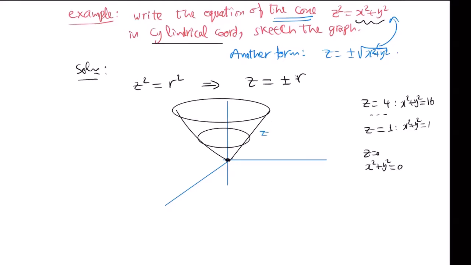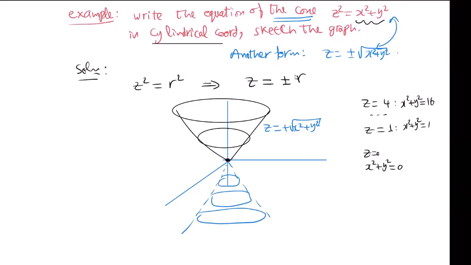Z equals plus square root of x squared plus y squared. We have another branch down, these circles, increasing circles up and down. If we are given only the positive sign, we sketch the upper half of the cone.